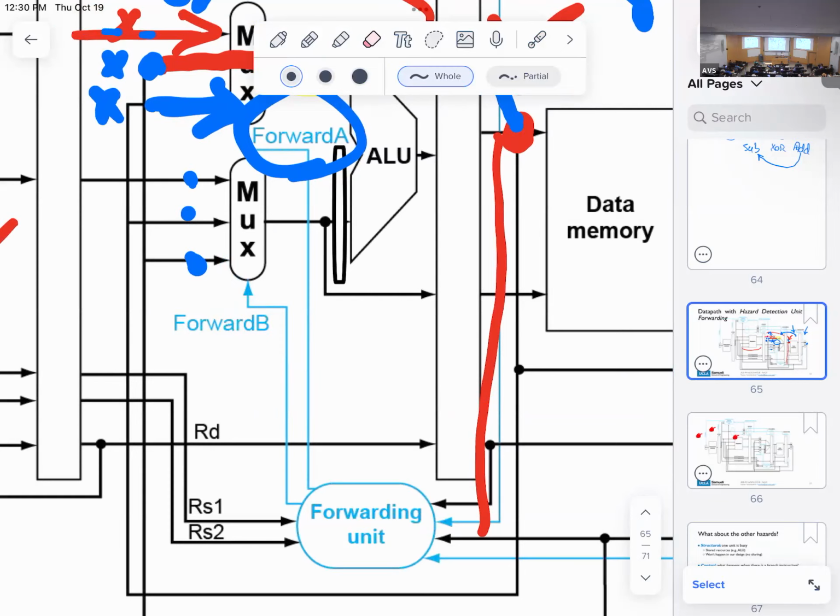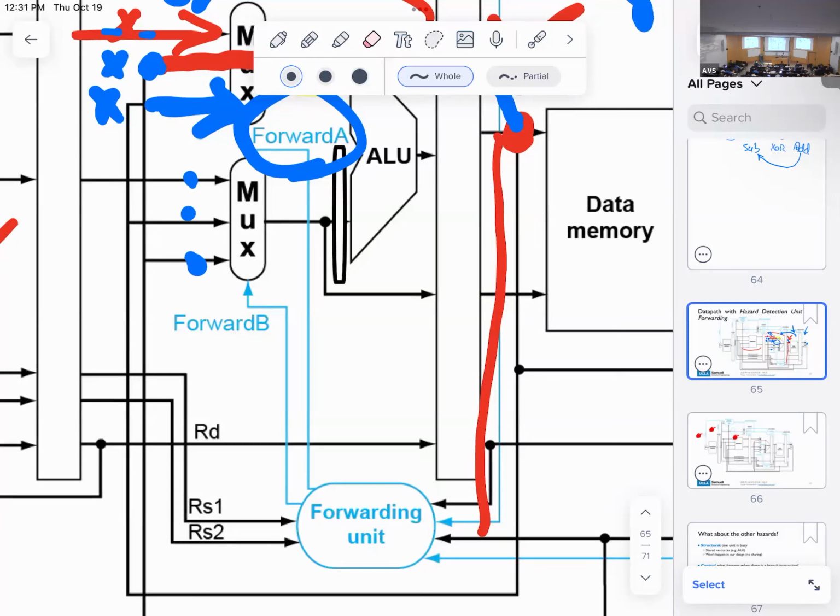So if you need forwarding of the same value, or even a very complex system where you are dependent on RS1 and RD between the execution and the decode, and RS2 is also dependent, so both of them are dependent, in that case you forward both of them, because they're independent.